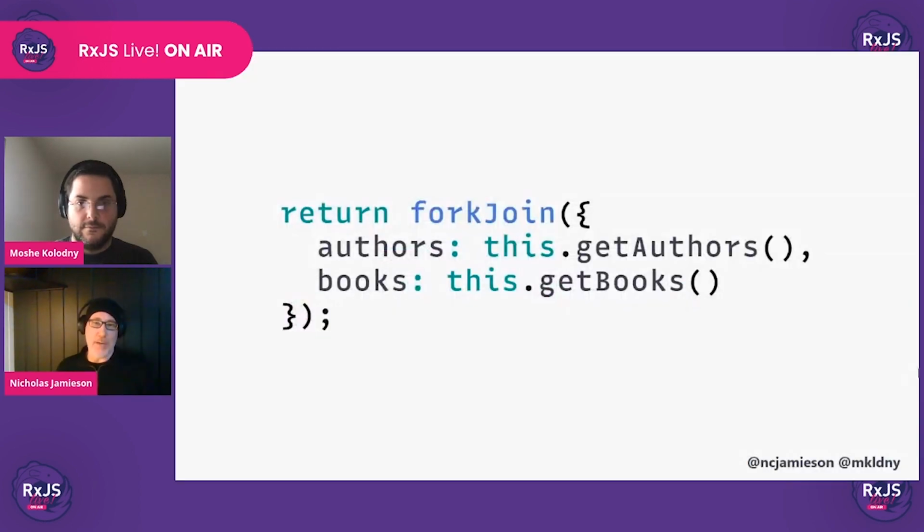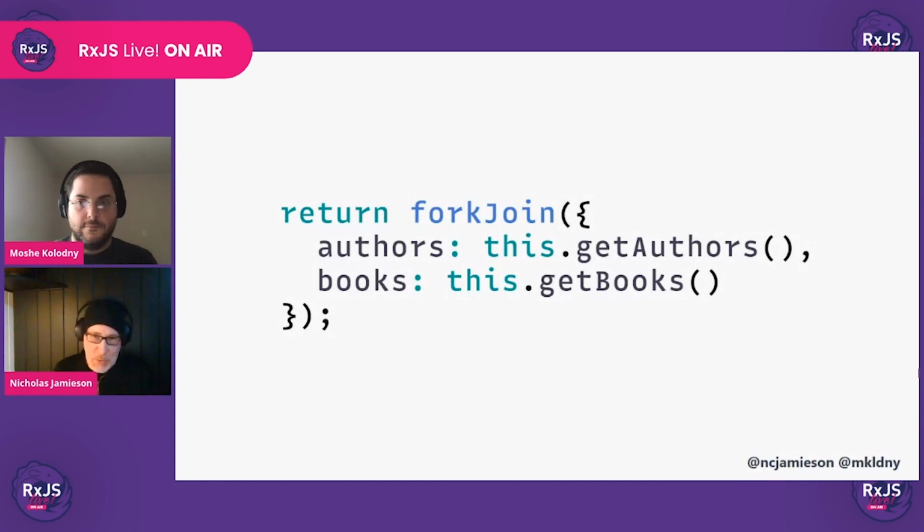So coming back to our scenario, what our senior developer would have told us when she looked at fork join is that if fork join isn't doing anything, then at least one of the observables being passed into it is either not emitting a value or it's not completing. So in our scenario, we went off and had a look at authors and books and tried to figure out which of these was either not completing or not emitting a value.